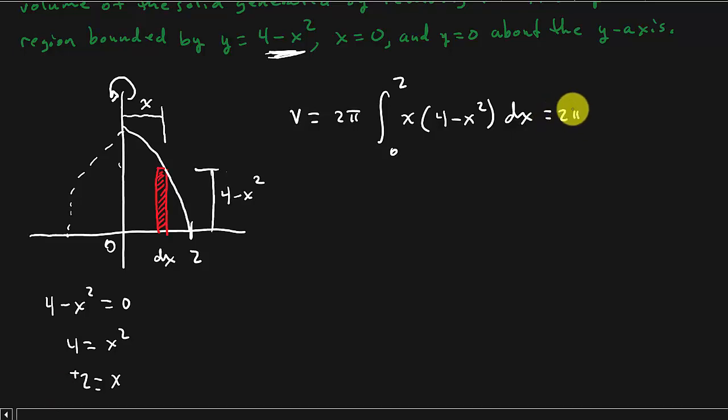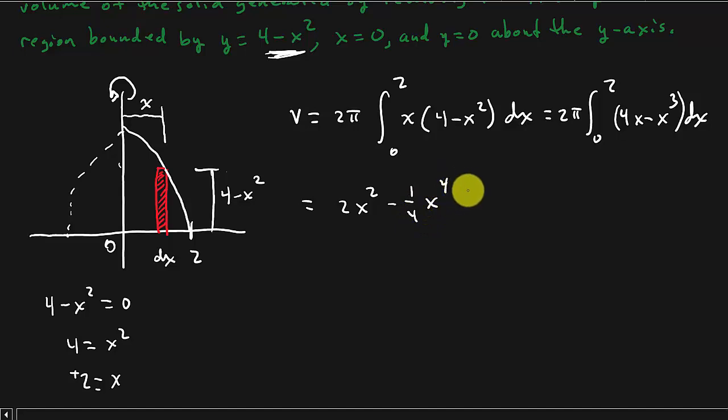And so this is going to be 2 pi from 0 to 2, 4x minus x cubed dx. And so this is going to be 2x squared minus 1/4 x to the 4th from 0 to 2.